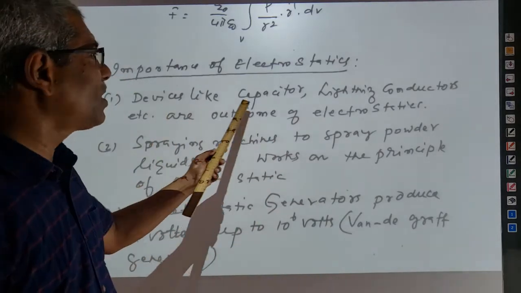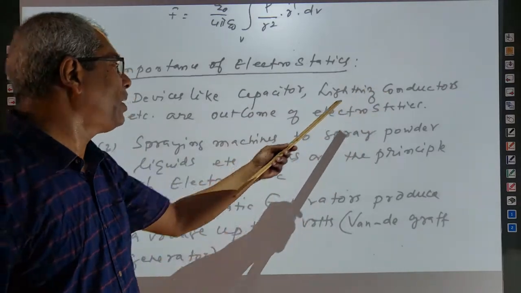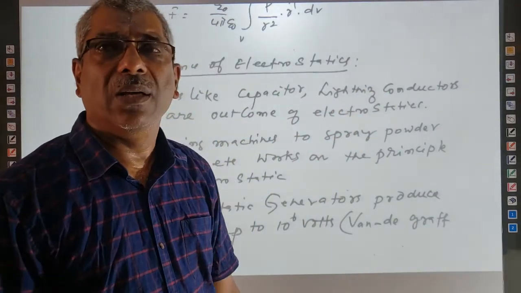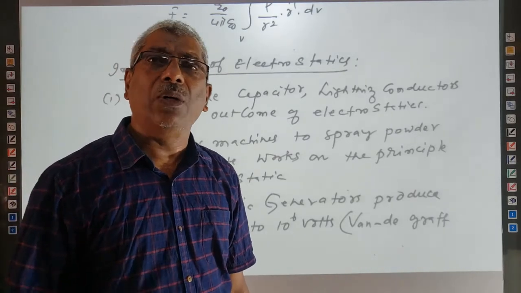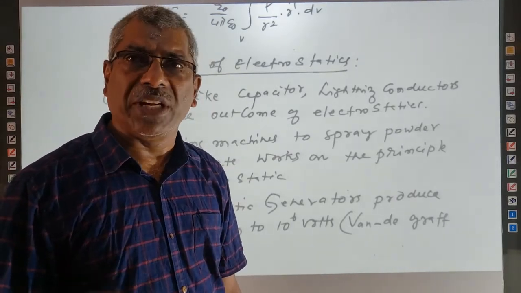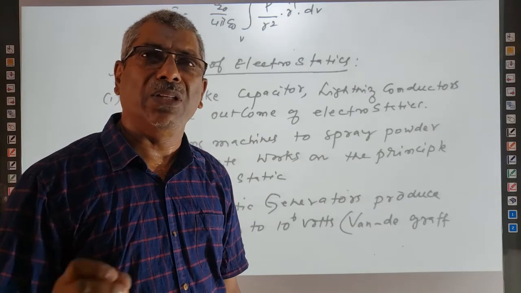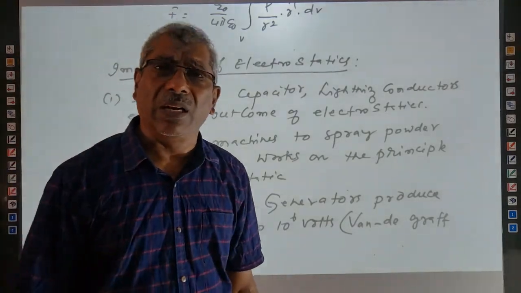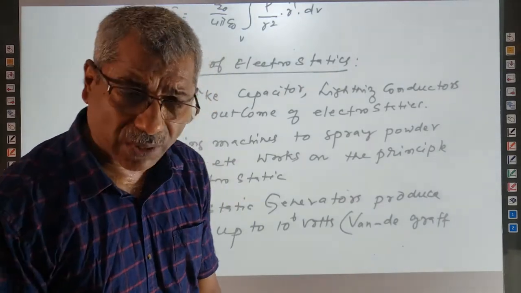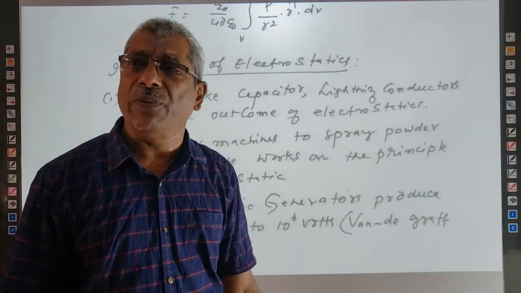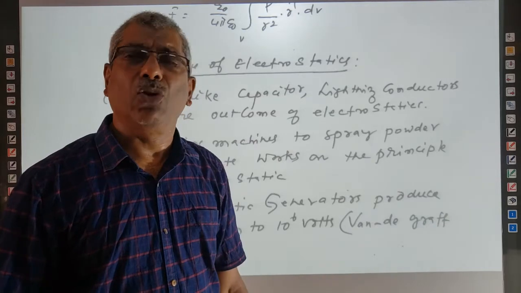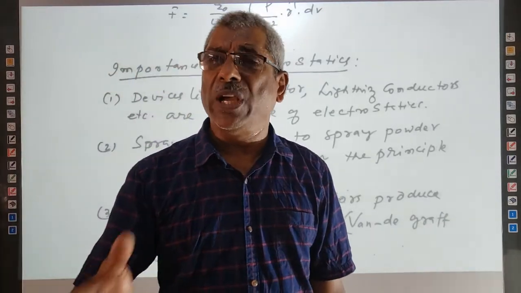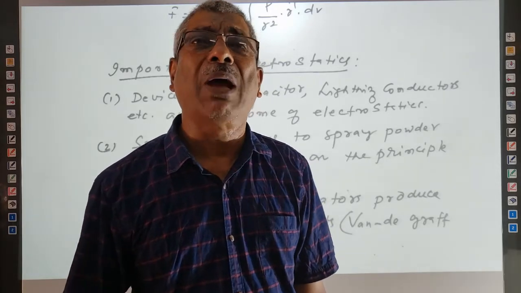Devices like capacitors, lightning conductors, etc. are outcomes of electrostatics. Without a capacitor, we cannot set up electric and electronic circuits. These are very basic circuit elements. Very complicated circuits have to be set up, and for that we need many basic circuit elements.